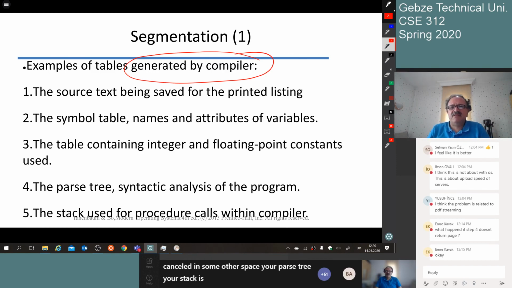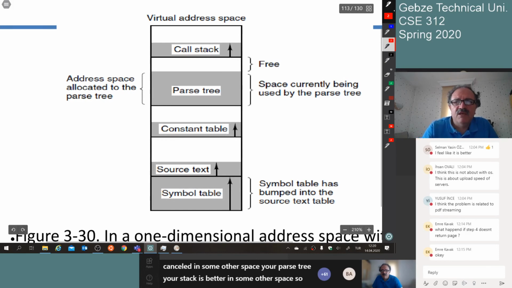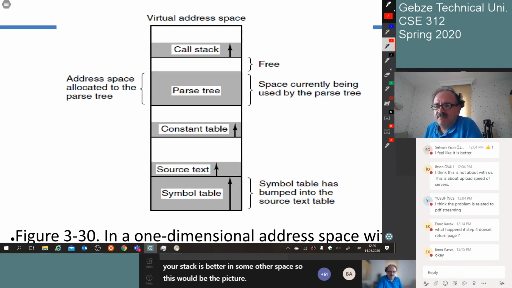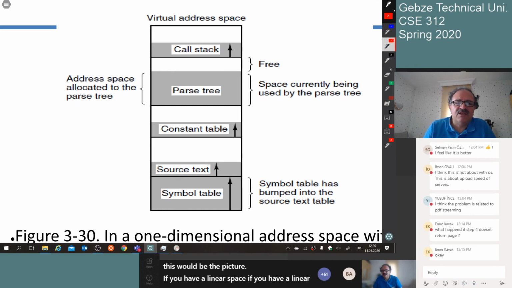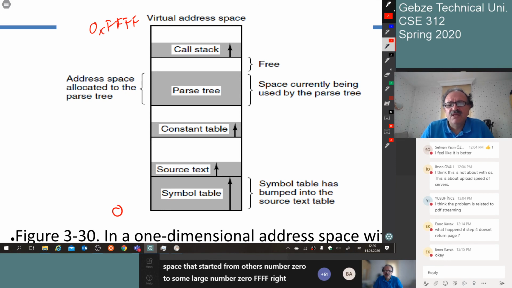In some other space, so this would be the picture. If you have a linear space that started from address number 0 to some large number, so in your program you have to make this arrangement.